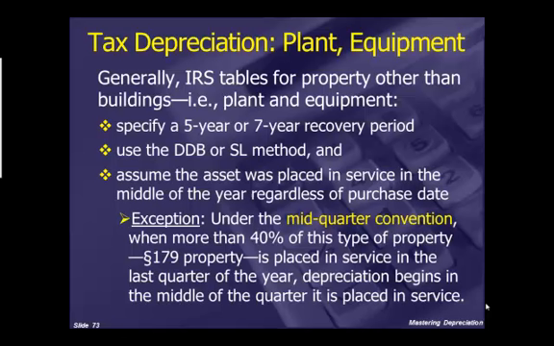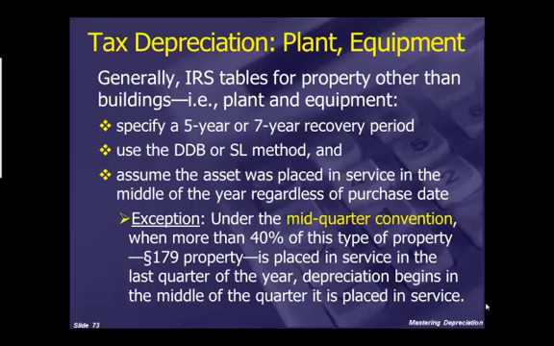Under the mid-quarter MQ convention, when more than 40% of this type of property, personal property, plant, equipment, vehicles, is placed in service in the last quarter, the last 3 months of the year, for a calendar year, the fourth quarter would be October, November, December.